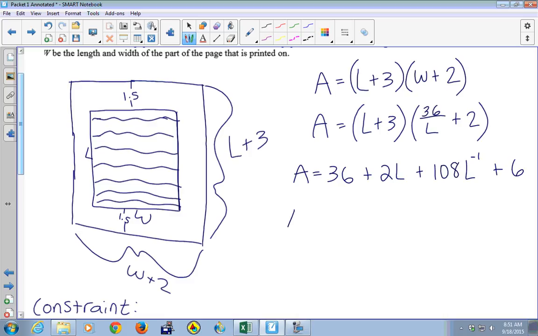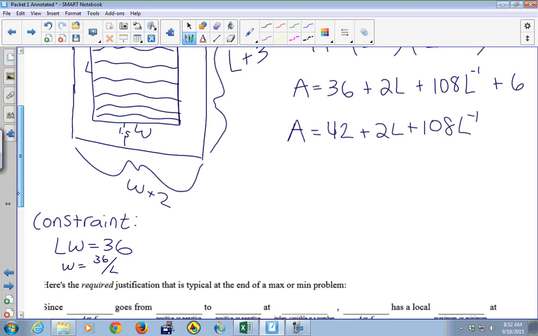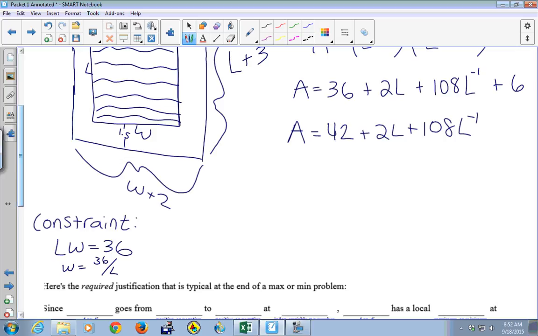And I'll simplify this one more time. I can combine 36 and 6 to make 42, plus 2L, plus 108L to the negative 1. So this is a formula that tells me the area of my page based only on the length that we choose.